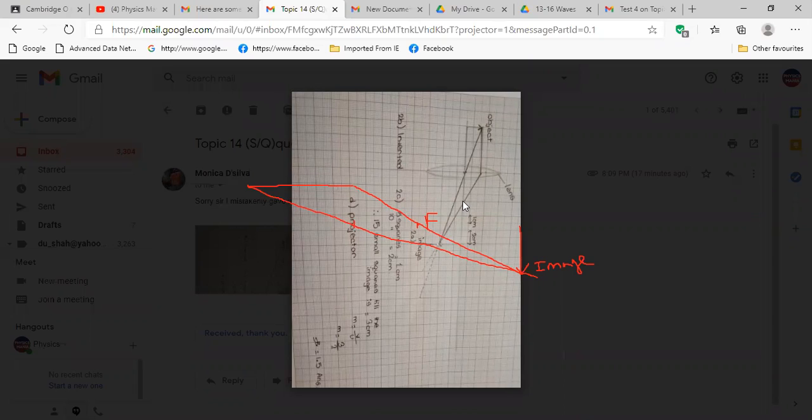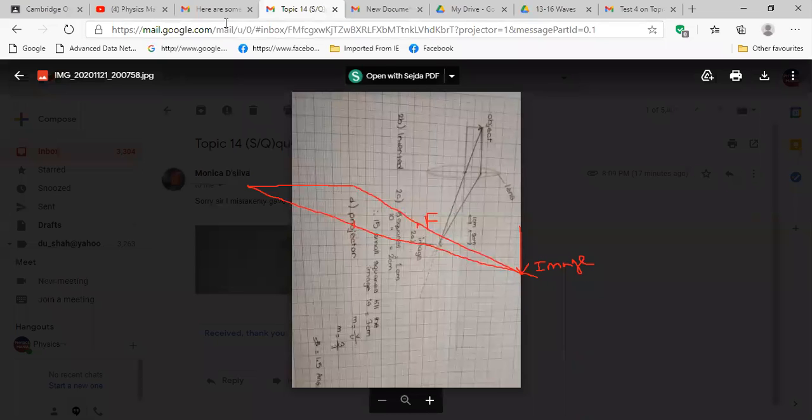So this one correct, eh? Other things I can see it is fine. The way of drawing is correct. Just you labeled focal point incorrectly. Other things are correct. Is it clear? Okay, sir. Yes, sir.